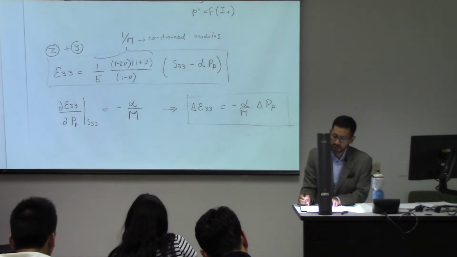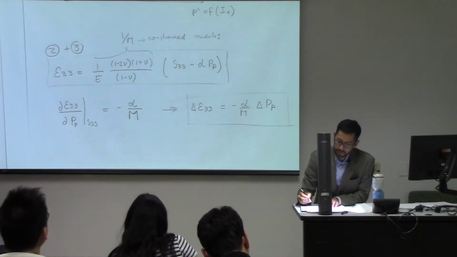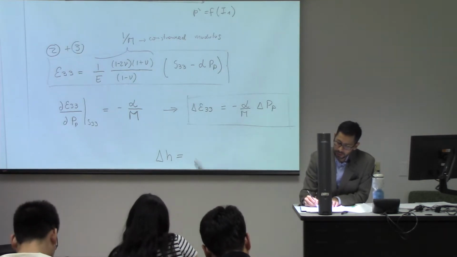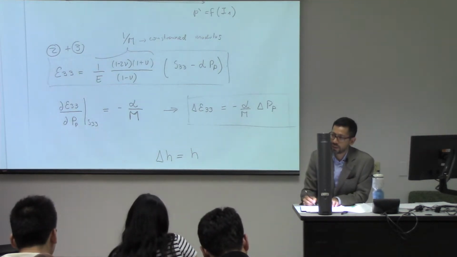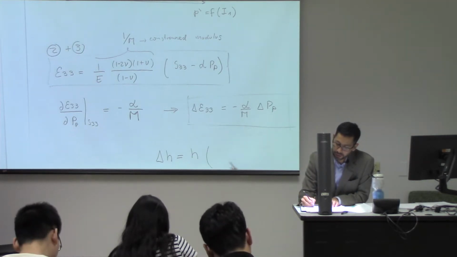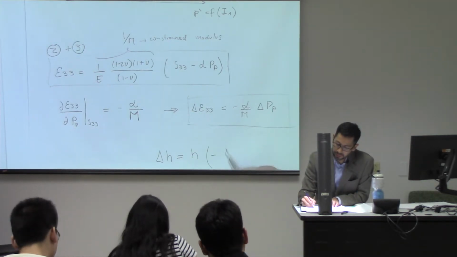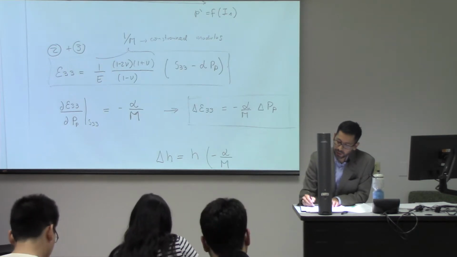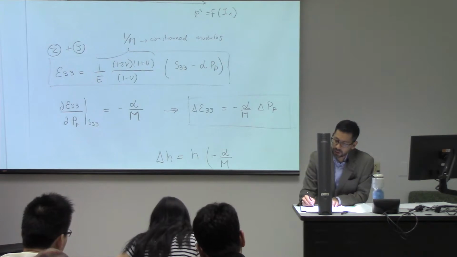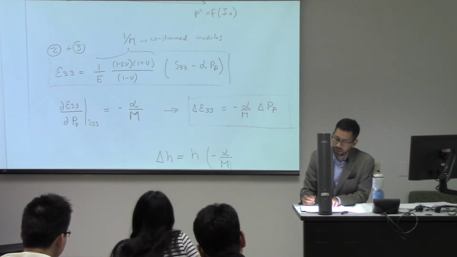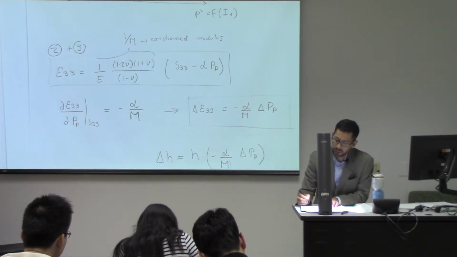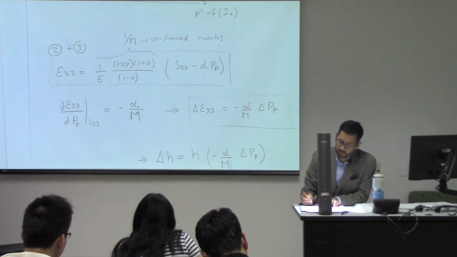So how much subsidence you get is going to be proportional to the initial thickness of the reservoir, times this part. Biot coefficient is going to play a part, but not too much. But this is basically how stiff the rock is, and it's also going to be proportional to the change in pore pressure.